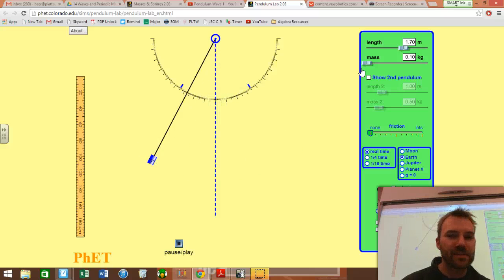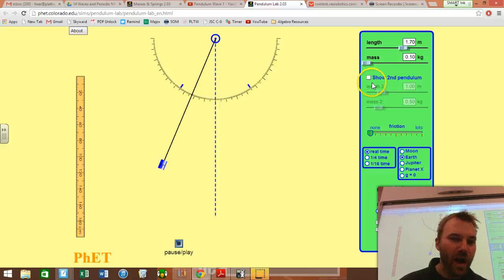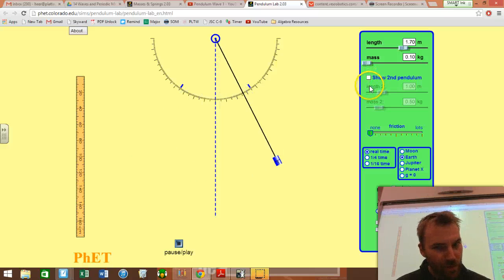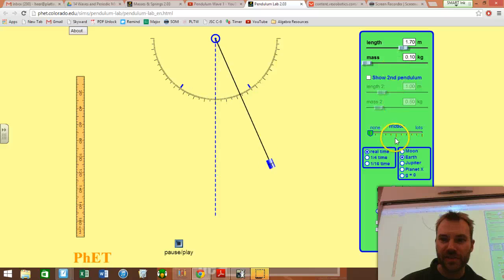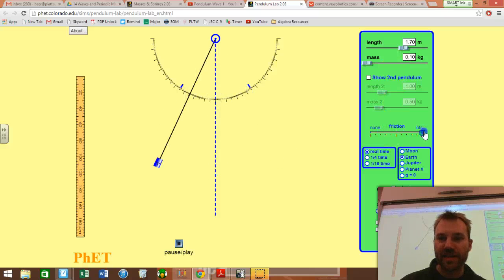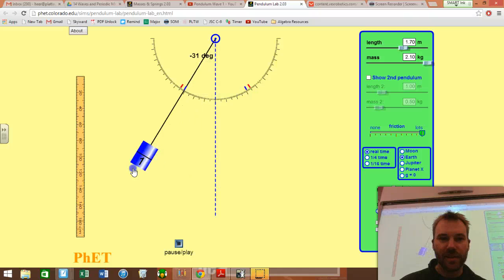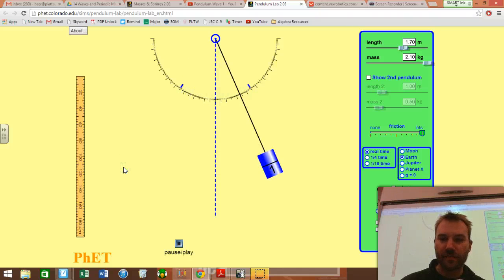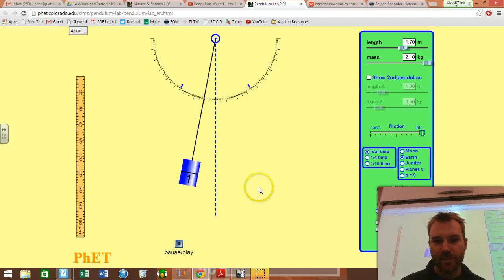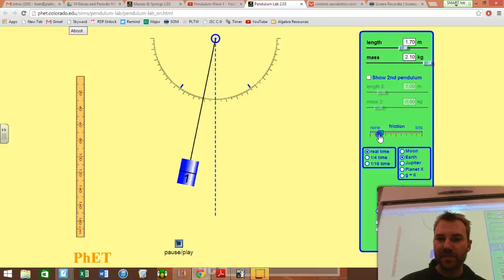But the thing that makes a difference, it will swing longer if you've got more weight on it. So if I increase friction here, you'll see this thing will die down almost immediately. I increase the mass, go back here, it's going to swing for a lot longer because of the mass. Go back to my friction.